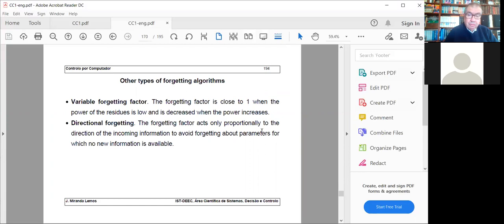So probably you want to forget in relation to some of the parameters, but not with respect to the other parameters. So you have this notion of, in the space of the columns of the matrix P, doing a kind of rescaling such that you don't lose information in the directions where you are not receiving data.